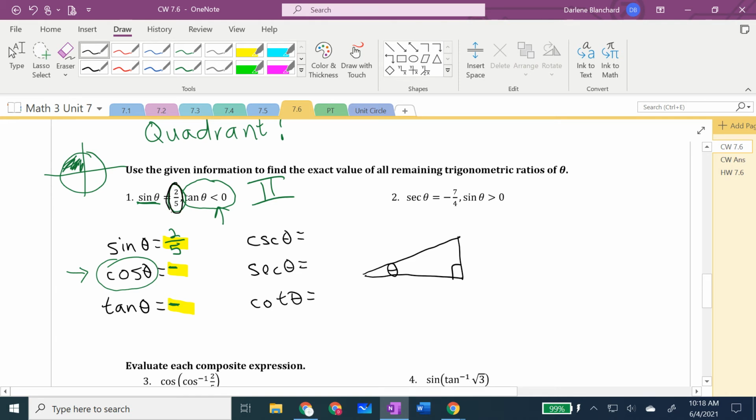If sine of theta is equal to 2 divided by 5, then one way that I can create a right triangle is to have the opposite side be length positive 2, and the hypotenuse side to be positive 5.